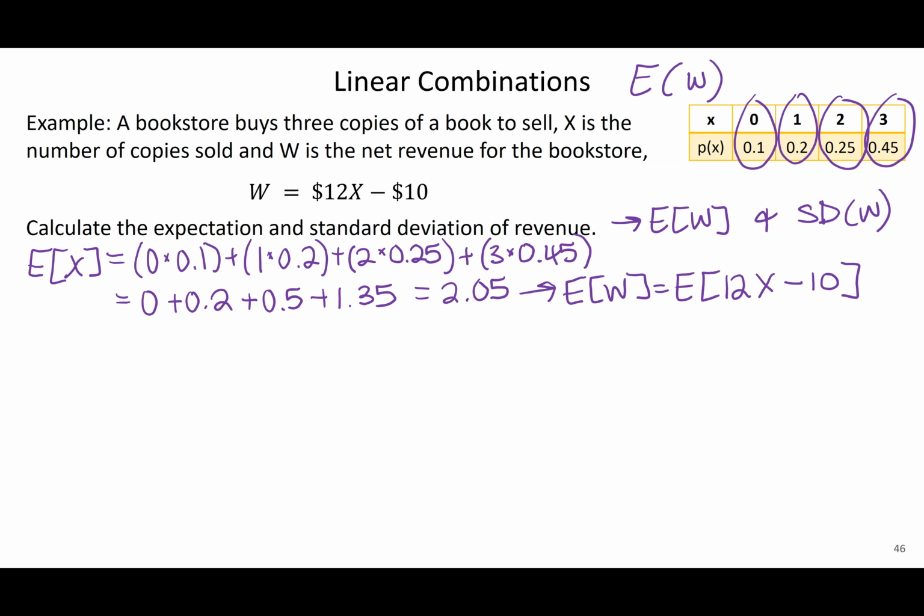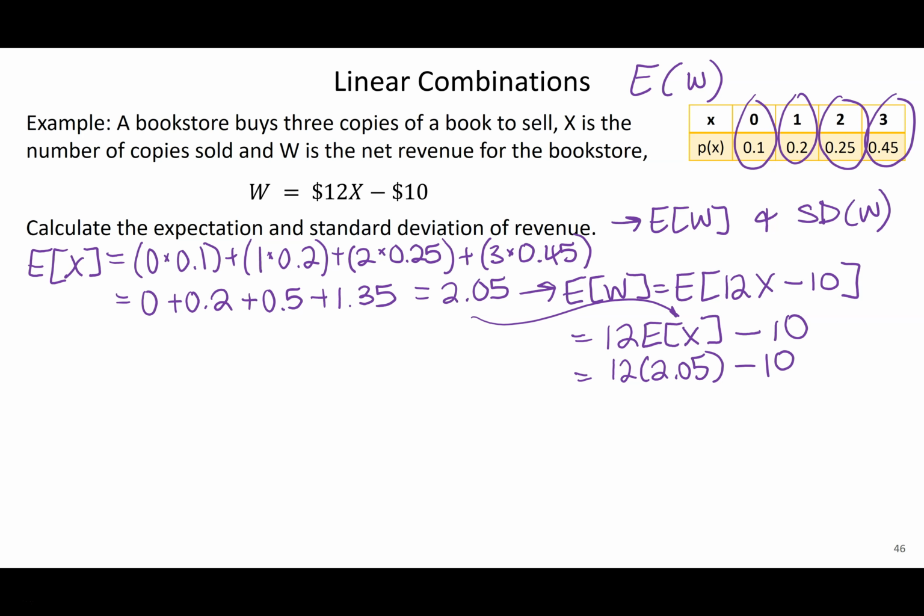So that's just going to be equal to 12 times the expected value of x minus 10. We can go ahead and plug this expected value in, so that's going to be 12 times 2.05 minus 10.